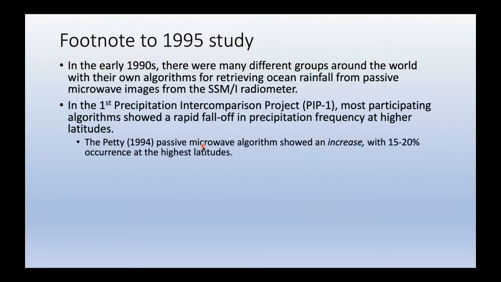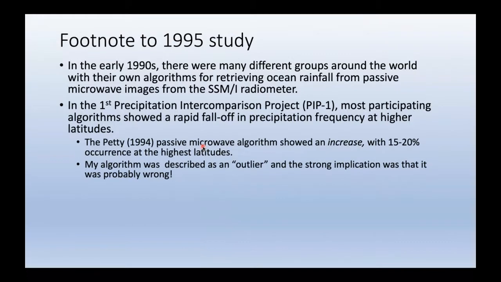So my algorithm, well, let me back up and say that there were 10 participating algorithms, and all but one showed a rapid fall off in precipitation frequency at higher latitudes, falling off to like 3, 4, 5% maybe. Whereas mine, which was in the mix, showed an increase, peaking at about 15 to 20% as we got to, say, the Antarctic coast or the very far northern Atlantic.